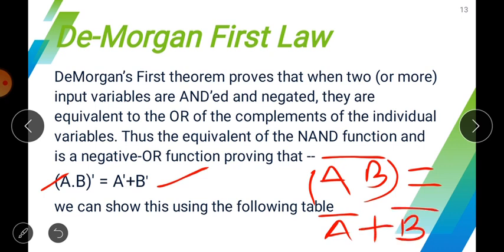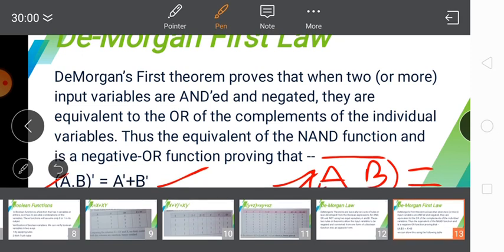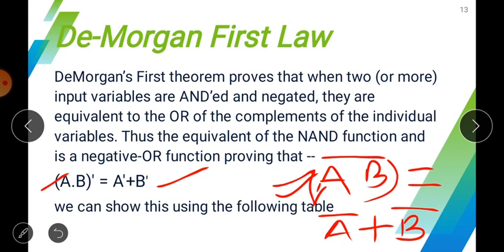In this equation, A and B is written with the negate line on both variables at the same time. But after the equals sign, the line is broken, and the negation is simply for the variable A and for the variable B, and the sign is also changed, meaning the AND sign is changed to the OR sign.